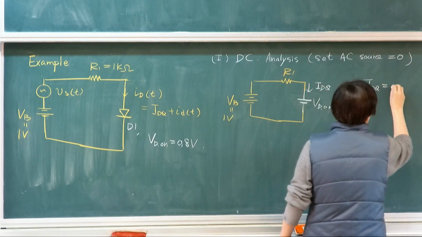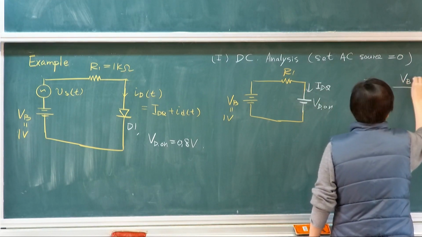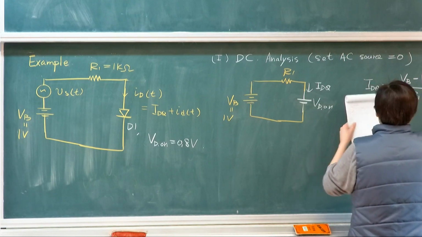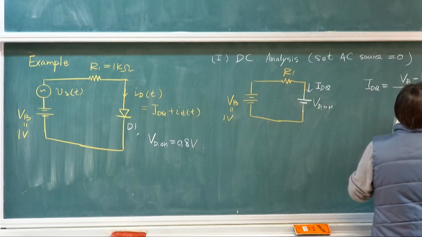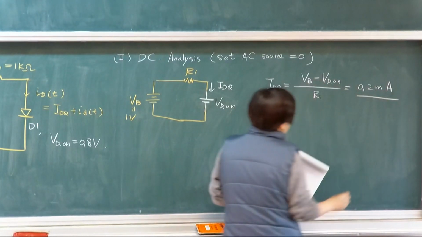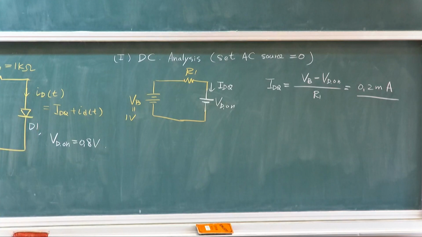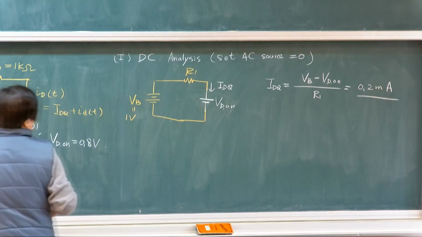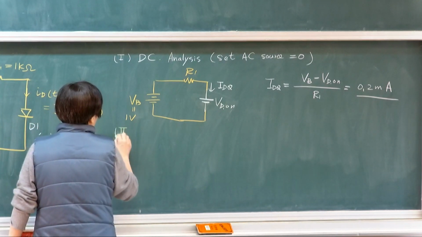IDQ will simply be VB minus VD on, over R1. So we already know that the current will be 0.2 milliamp. This is very important. You need to find out where you stand. So you start with the quiescent point or operating point. You start by finding the operating point, and then we do the second part. The second part is AC analysis.